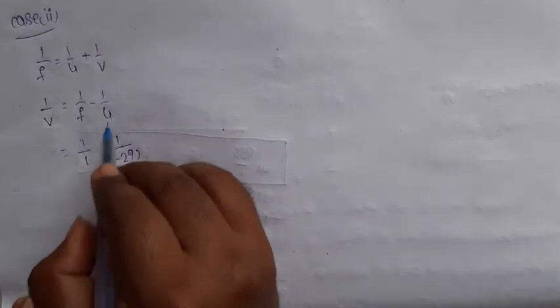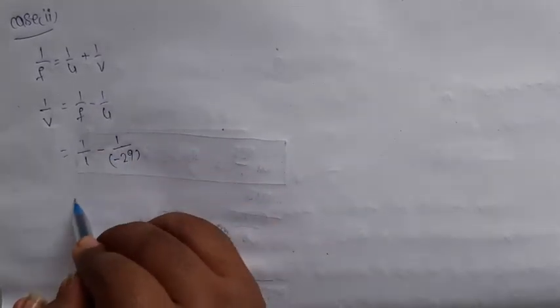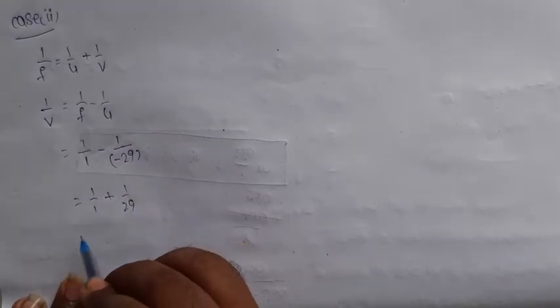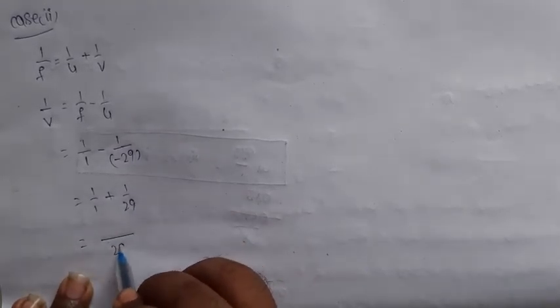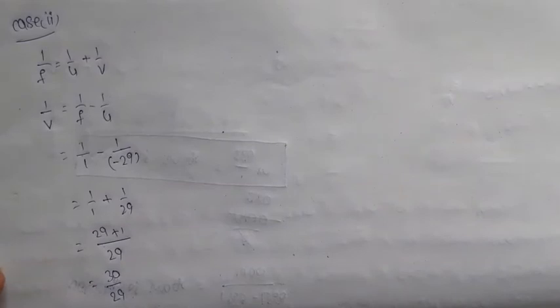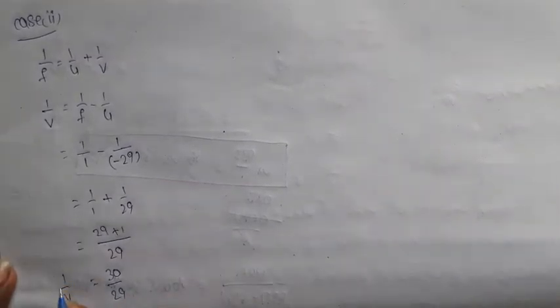In case 2, u equal to minus 29 meter, 1 by 1 minus into minus plus 1 by 29. Here LCM 29 plus 1, 30 by 29. This is the 1 by v value.